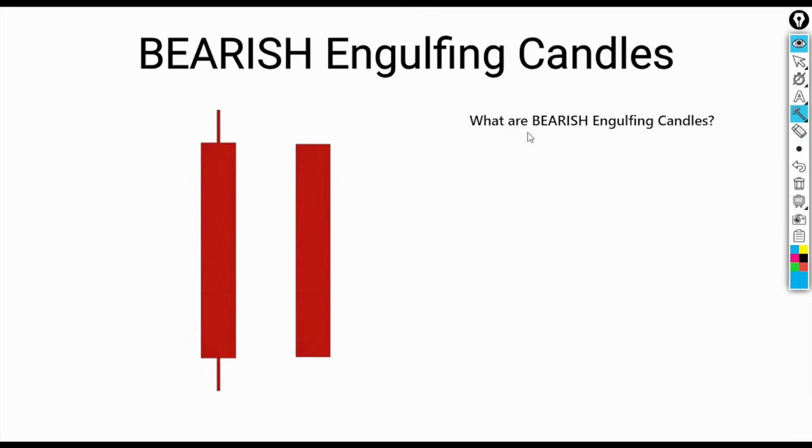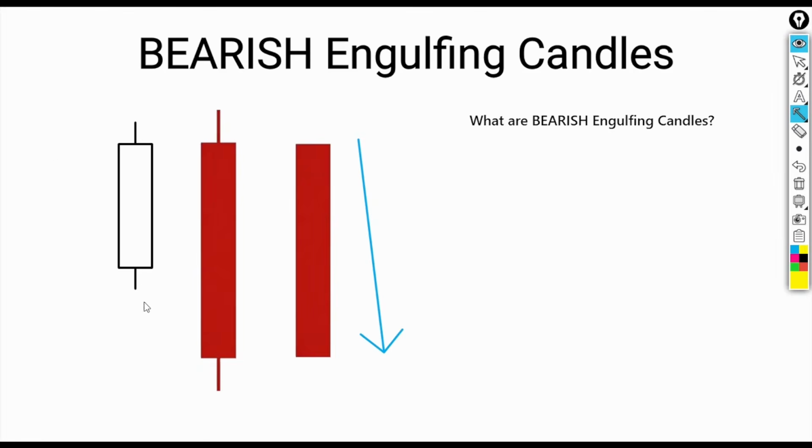So, what are bearish engulfing candles? If you look to the left, we've got a prime example of bearish engulfing candles. Bearish engulfing candles means seller dominance. Bears are in full control, driving the price down. And we also know with engulfing candles, they tend to engulf the previous candle.